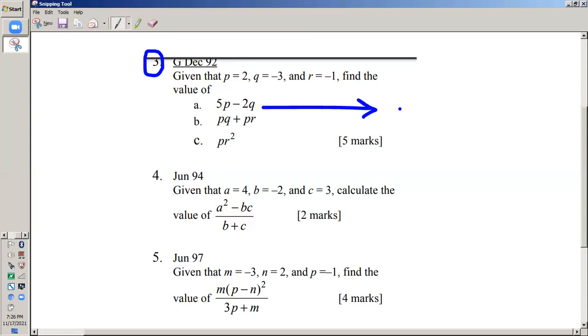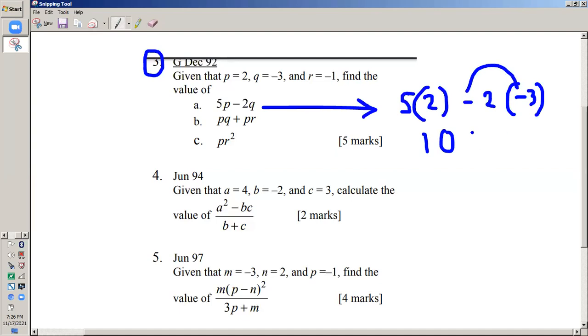A is 5b minus 2q, which is 5 bracket 2 minus 2 brackets negative 3. So that will be 2 times 5 is 10, and negative 2 times negative 3, negative and negative give positive, which equals... Yeah, I just noticed something.